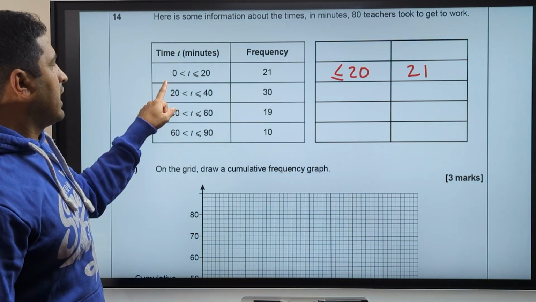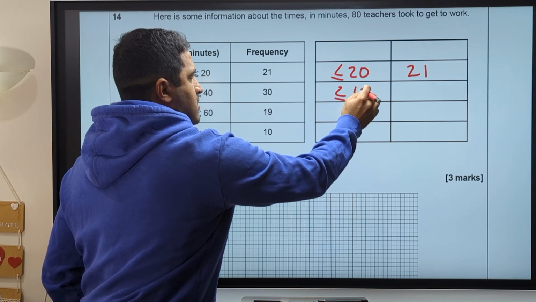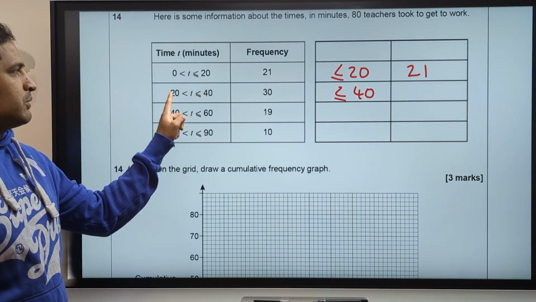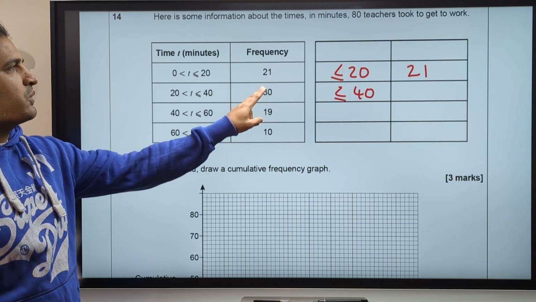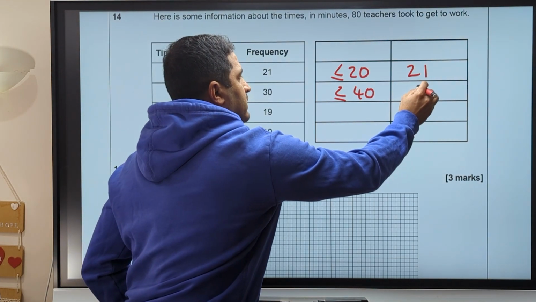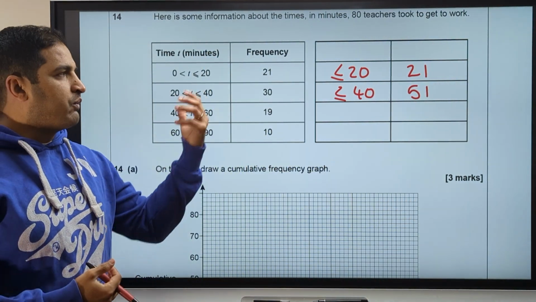21. And how many took less than 40? That's what we're looking for here. Less than 40 means from 20 to 40 and 0 to 20, so all of those added together. These 51 people took less than 40 minutes. That's it. We're accumulating everything.